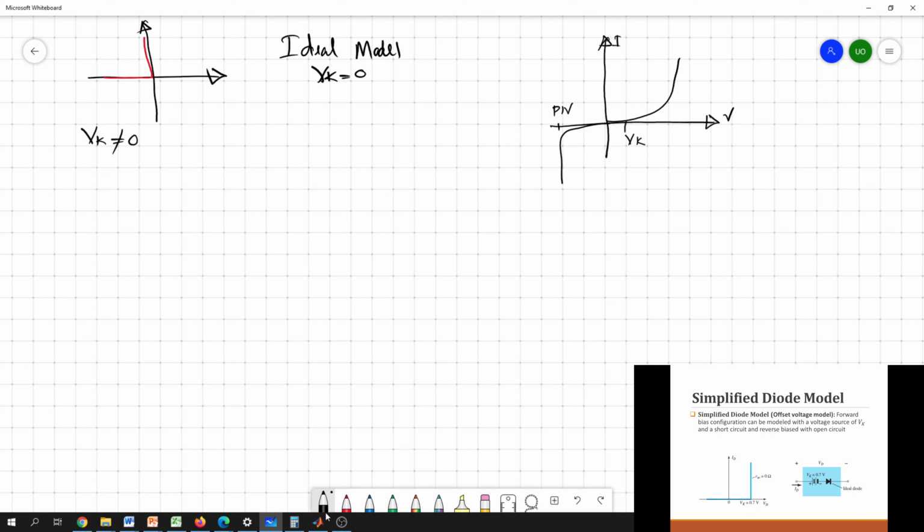Once you include this Vk in the ideal model, the characteristic would be something like that. Now this becomes Vk, and this is, sorry, not the ideal model, this is actually the simplified model.